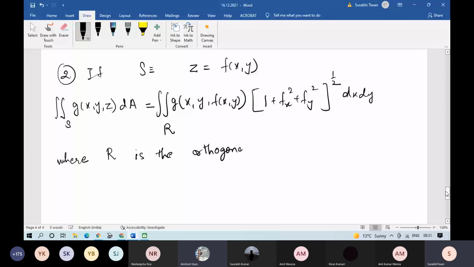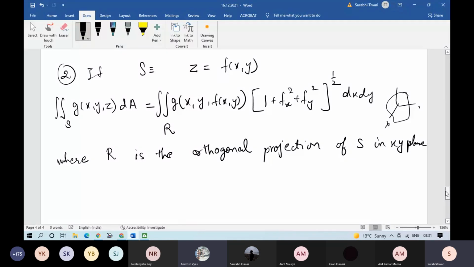Orthogonal projection of S in xy plane. ठीक, z एक्सिस से प्रोजेक्शन लोगे xy प्लेन पे, तो ऑर्थोगोनल प्रोजेक्शन ही होगा. तो दिस इज ऑर्थोगोनल प्रोजेक्शन इन xy प्लेन.